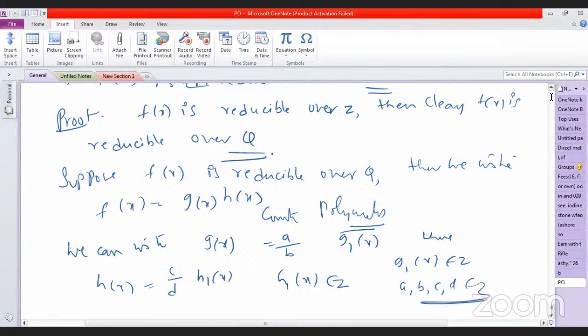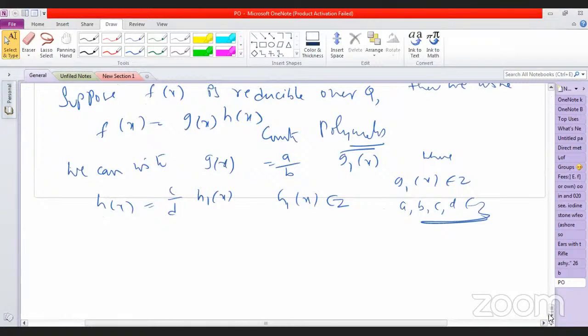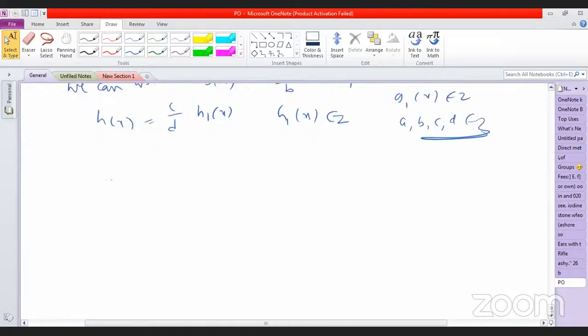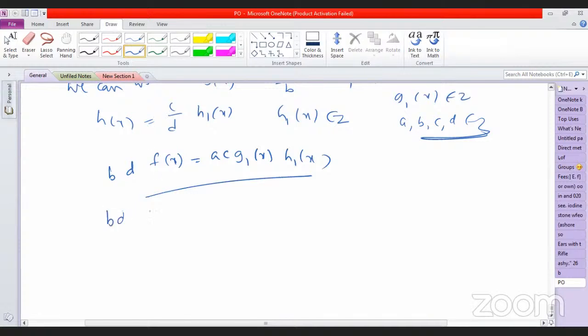So bd into f of x is equal to ac into g1 of x into h1 of x. Comparing the constants, bd is equal to ac.